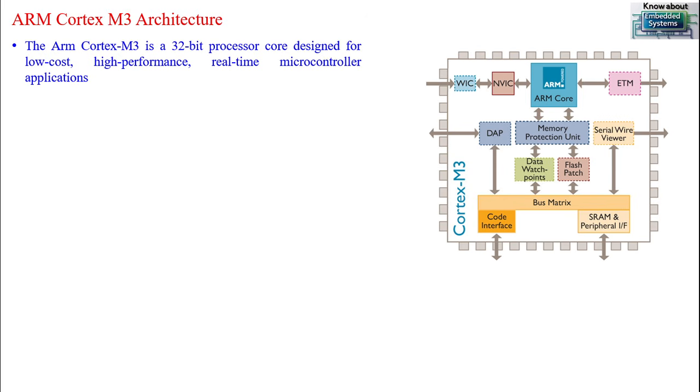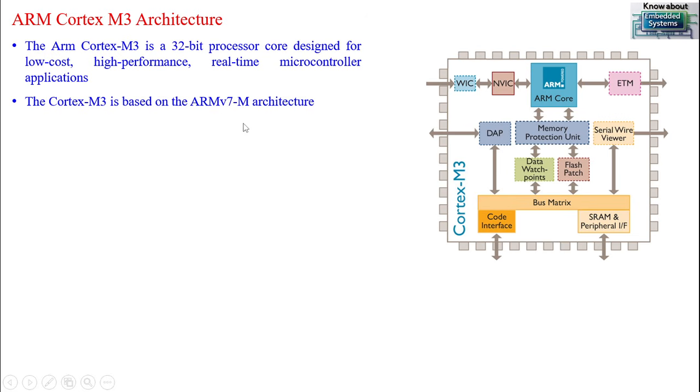I told you already, the ARM Cortex M3 processor is basically a 32-bit processor core which is designed to make low-cost microcontrollers. It is designed to manufacture low-cost, high-performance, real-time microcontroller applications. So this is one of the fundamental things you should know. ARM Cortex is basically a 32-bit processor which is used in most of the microcontrollers, and it uses ARM version 7.